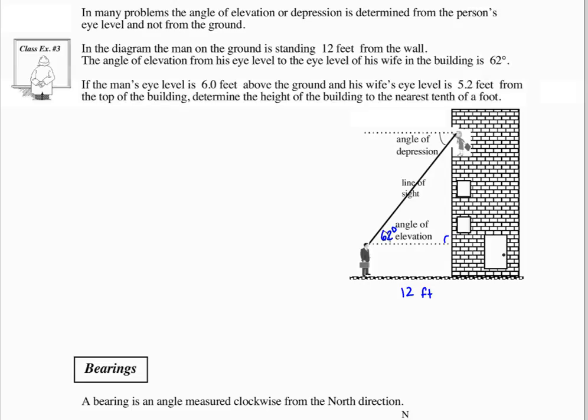Yes, you're right. If the man's eye level is 6 feet above the ground, he's tall. He must be like 6'3" or something. How many inches are between your eyes and the top of your head? 4 inches? 5? I don't know, it's a good question. And his wife's eye level is 5.2 feet from the top of the building.